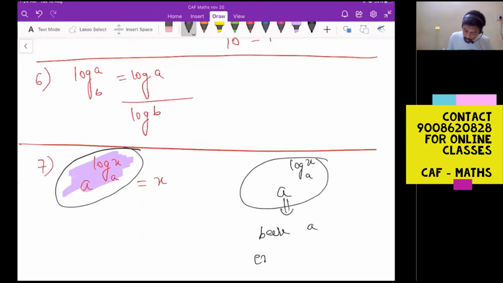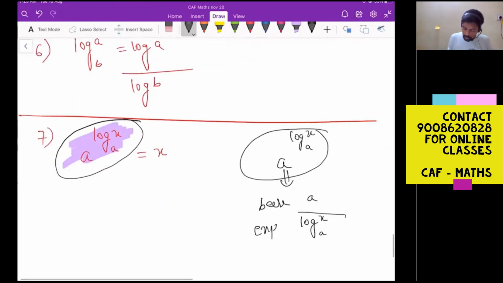The base is a and the exponent is log of x to the base a. In log x to the base a, the base is a, correct? When both the bases are the same, a and a, the value will be x.